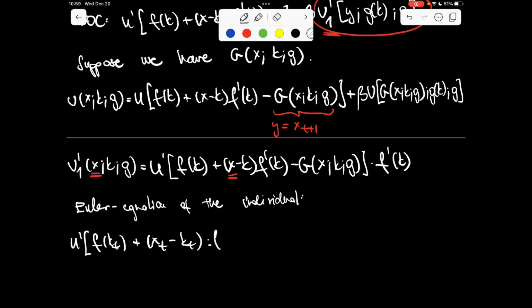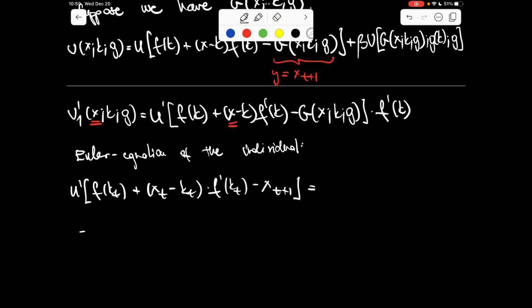I'm using time indices, and I also encourage you to do so because we have so many variables, individual and economy-wide variables, that I think it's easier to apply this trick.